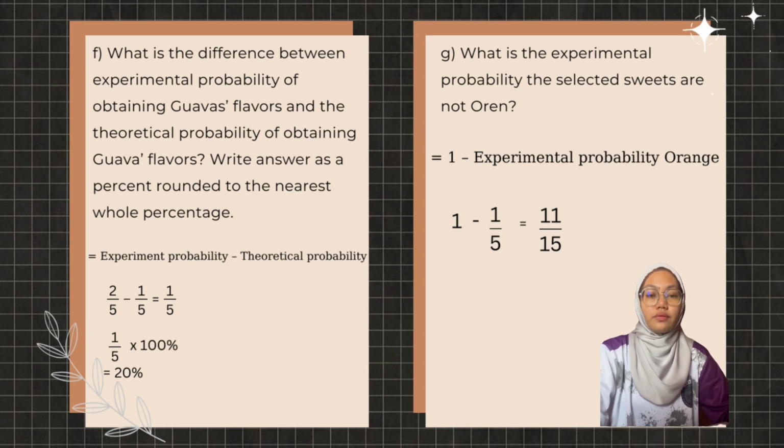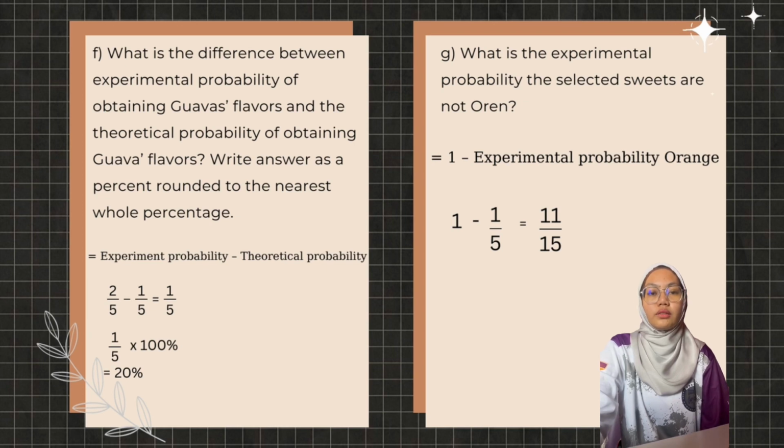So you just have to insert the answers and subtract. Therefore, you get 2 over 5 minus 1 over 5 equals 1 over 5. Because the question wants the answer in percent rounded, you have to multiply the answer by 100%. So 1 over 5 times 100% equals 20%.